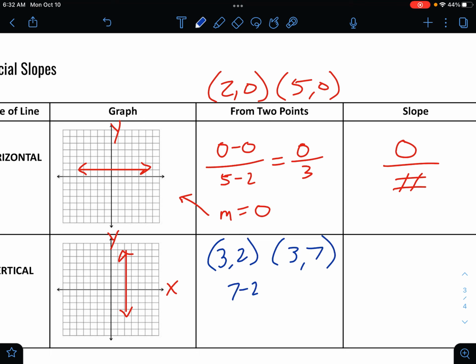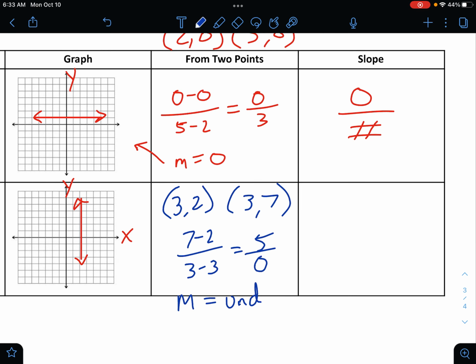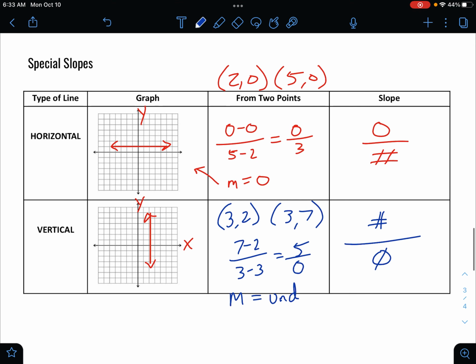So now you have 7 minus 2 over 3 minus 3. Well, now you have 5 over 0. And if you put that in your calculator, you'll see that you cannot divide by 0. It gives you an error code. So that is undefined. So your slope for that is always going to be undefined, and it's going to be some number over 0. And that's it, right? Okay, give you a moment to go ahead and copy that down.